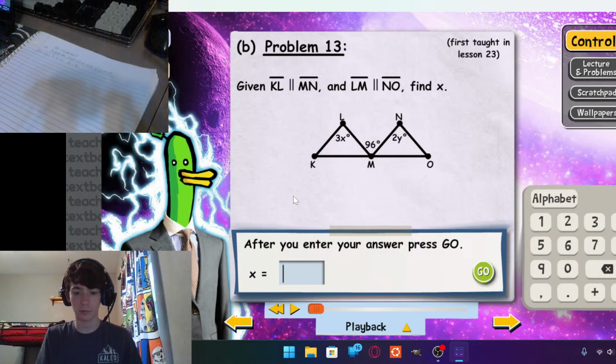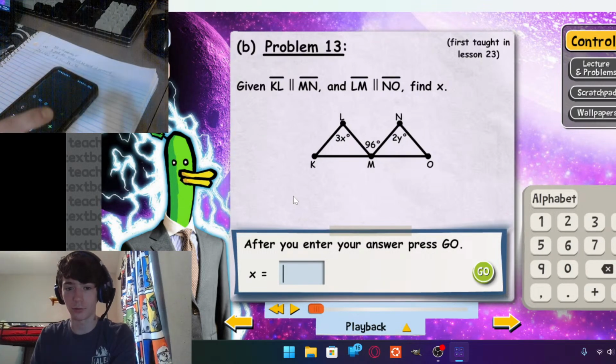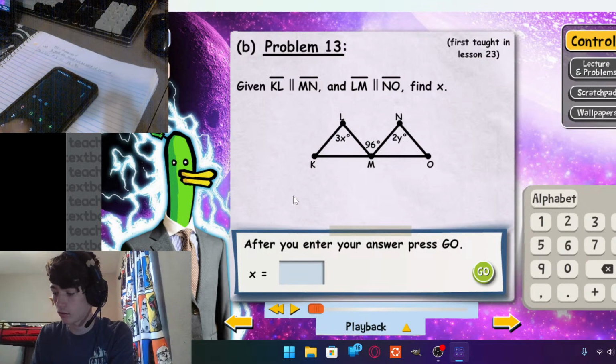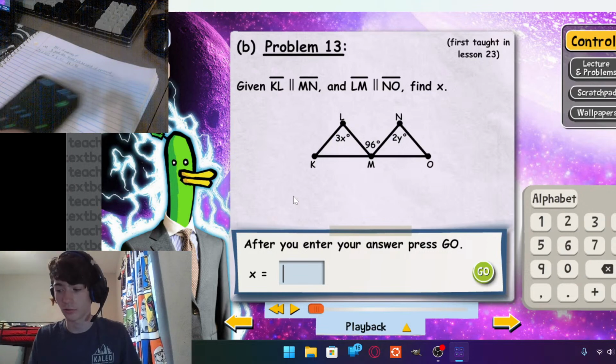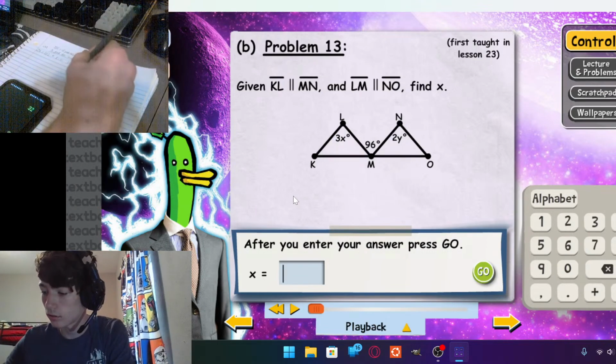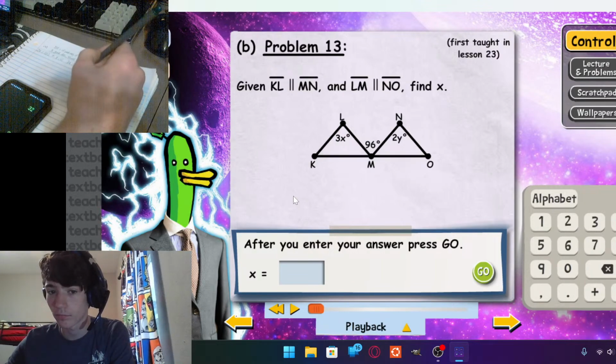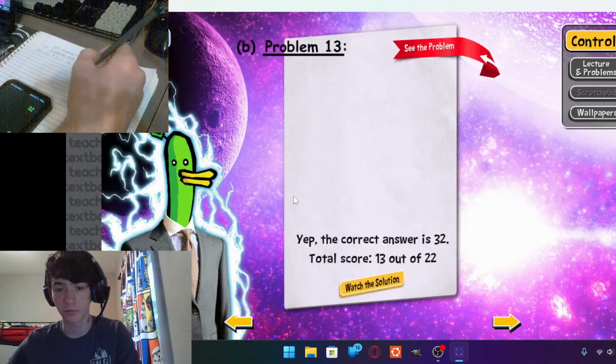So let's calculate that real quick. 96 divided by 3 equals 32. So it's going to be x equals 32. So can I just put x equals 32? Way to go. Okay.